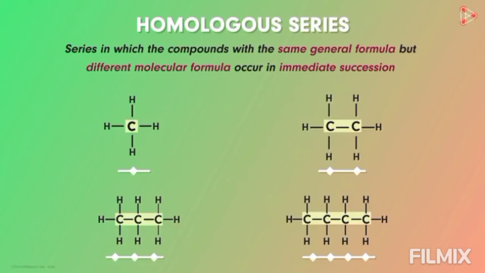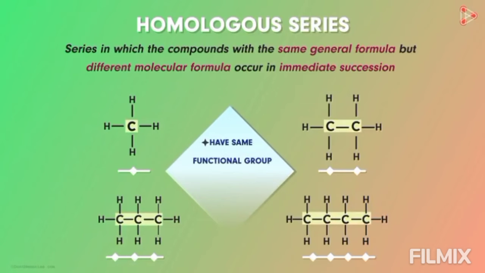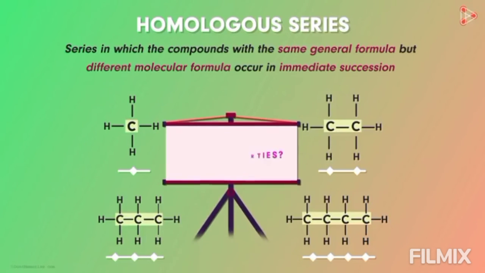These compounds differ in chain length, but they have a similar general formula, and they occur in succession, one after another. They have the same group, CH2, being added. Now can you say whether the properties will be the same for all these molecules in a homologous series?